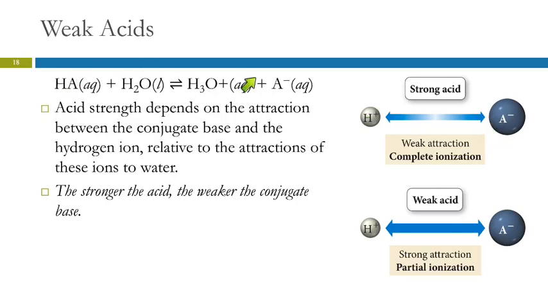Strong acid will go completely to the right. In order for this to act as a conjugate base, it has to reverse, right? The reverse reaction happens almost zero. And so it is an extremely weak conjugate base. So the strength of an acid and its conjugate base are inverse. If one's strong, that means the other's weak.